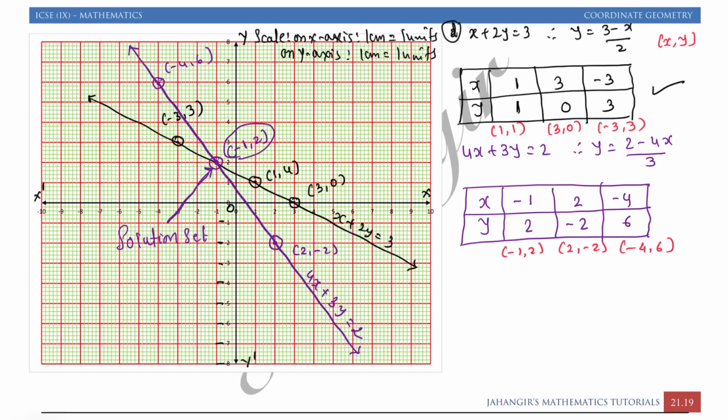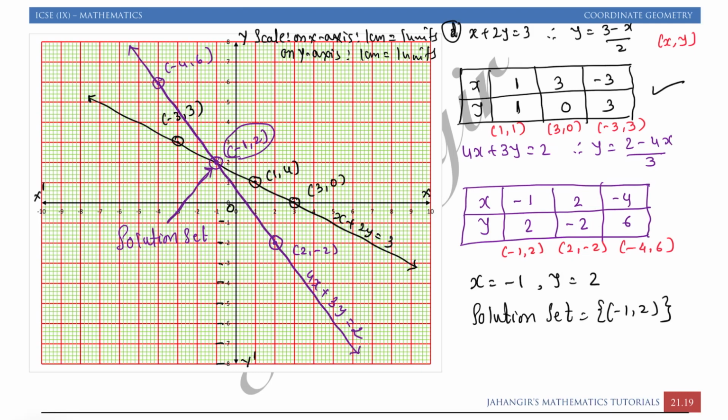We have done everything. Now we will write here, therefore x is equal to -1, y is equal to 2. So the solution set is -1, 2. Hope you understood how to draw the graph.